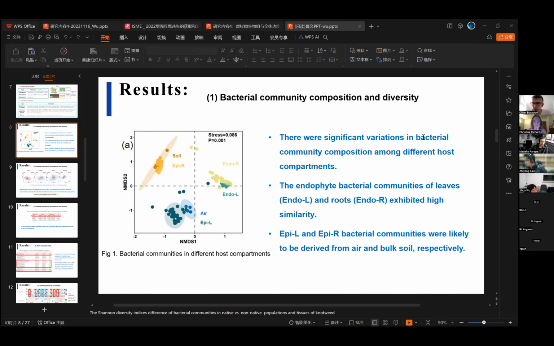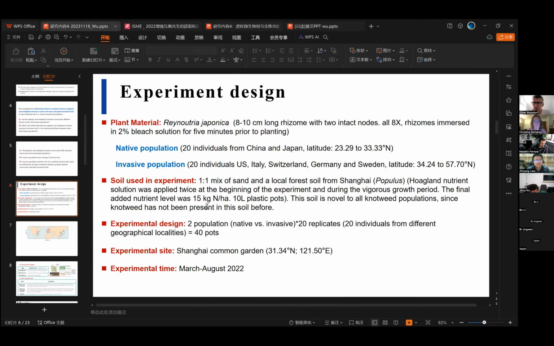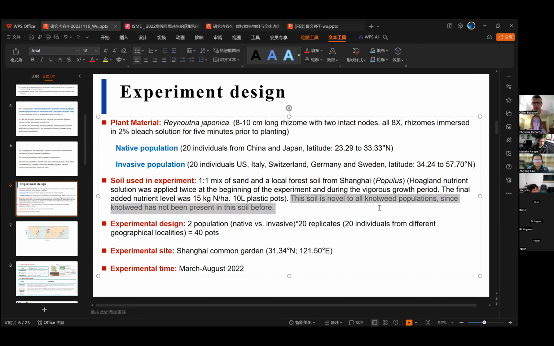Yes, we plant in the common garden and have it in August, not the other treat. Okay, so that means the roots were colonized just from what was in the soil there. Yeah. And the leaves were colonized from what was in the air at this location. Yeah. And the soil is normal to all of the knotweed population. Yeah.